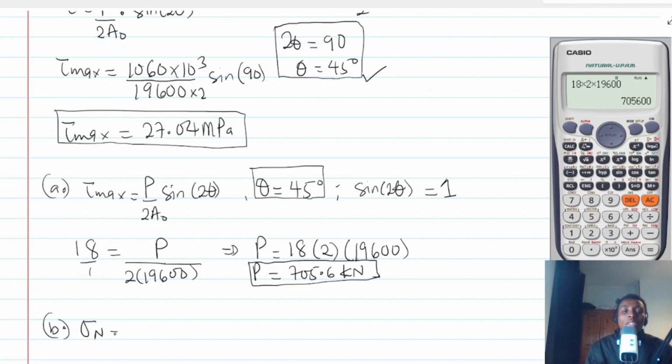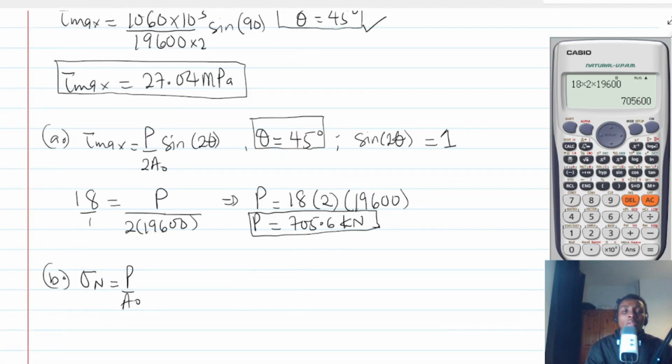So the normal stress will be P divided by A naught cosine squared theta. That is the formula for the normal stress.